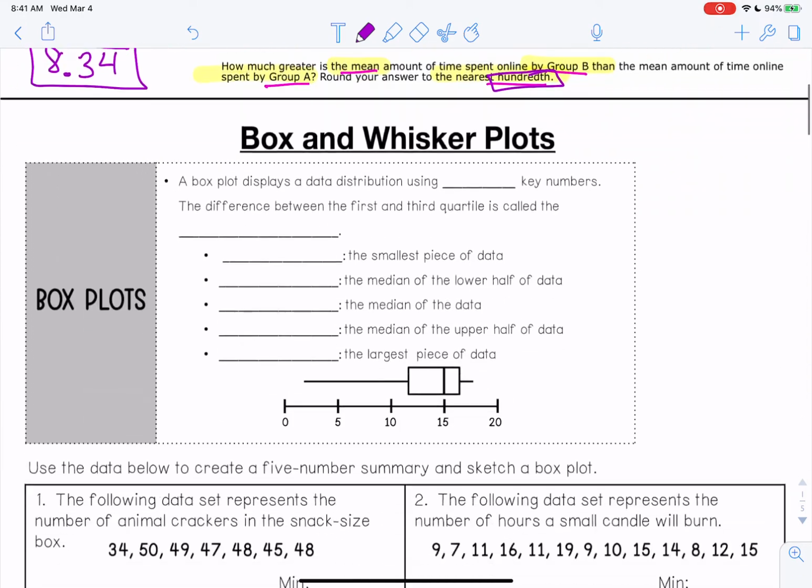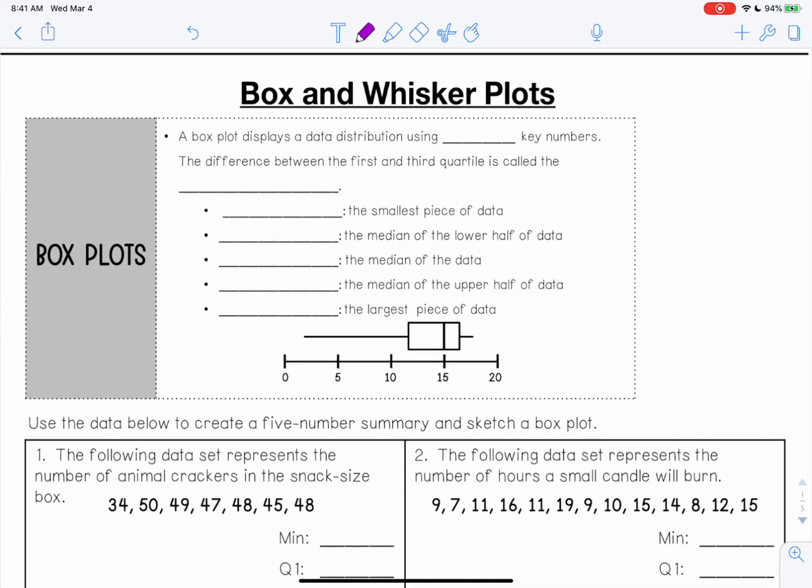Okay, so moving on. Box and whisker plots. A box plot displays data distribution by using 5 key numbers, okay? The difference between the first and third quartile is called the interquartile range, okay?